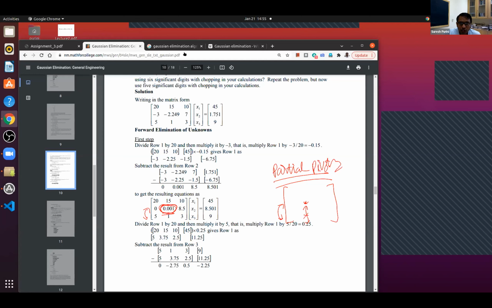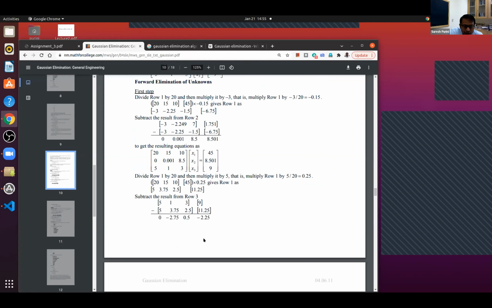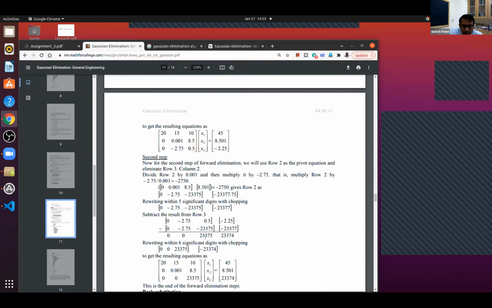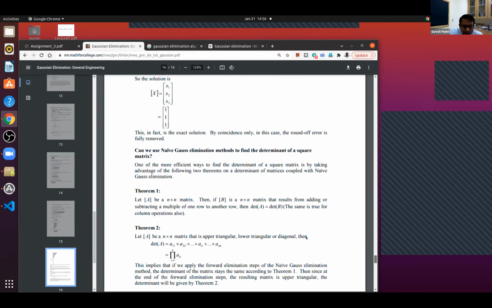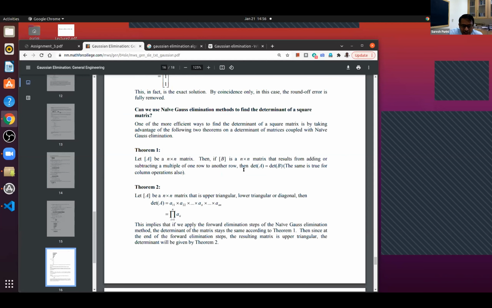Now if you are able to solve the Gaussian elimination, then what happens is, at the end there is this theorem: let A be a matrix, and if B is an n by n matrix that results from adding or subtracting a multiple of one row to another row, then both the determinants are the same.